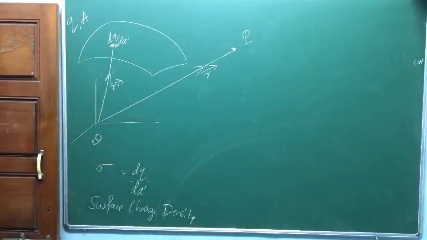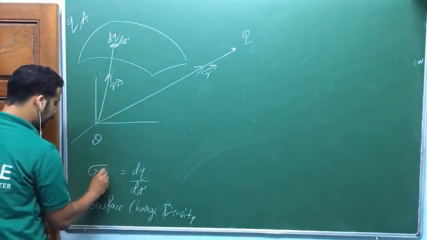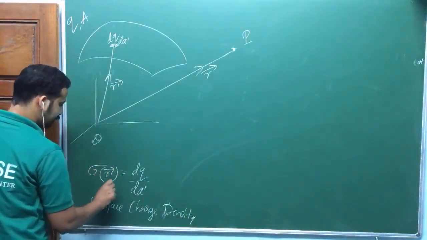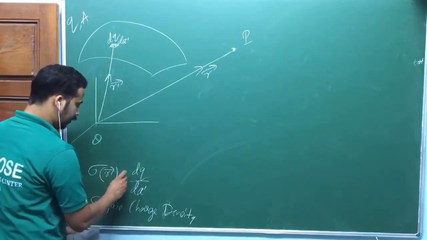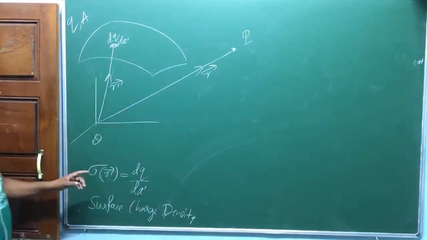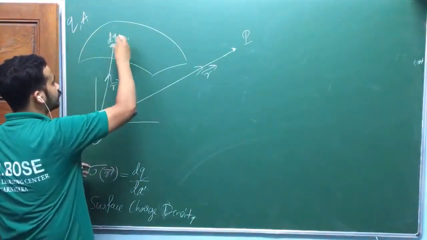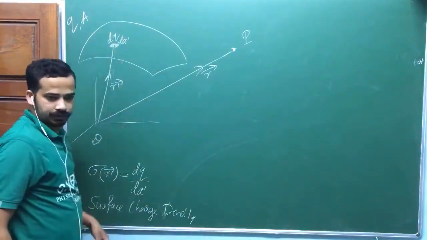And in the most general case, this surface charge density is a function of r prime vector. That means when you move to a different region here, this ratio may be different.